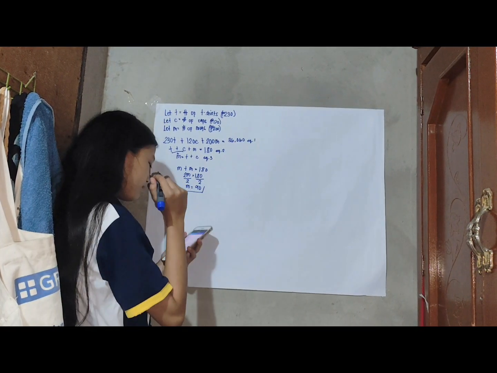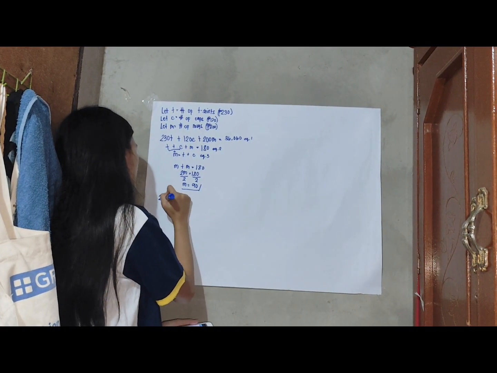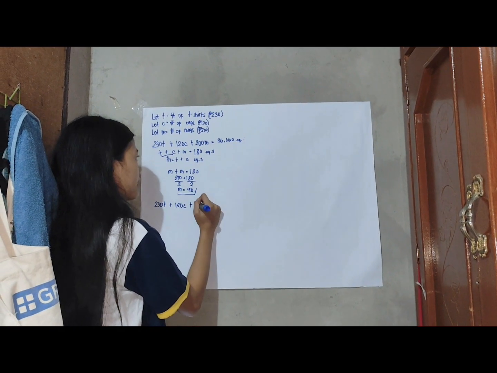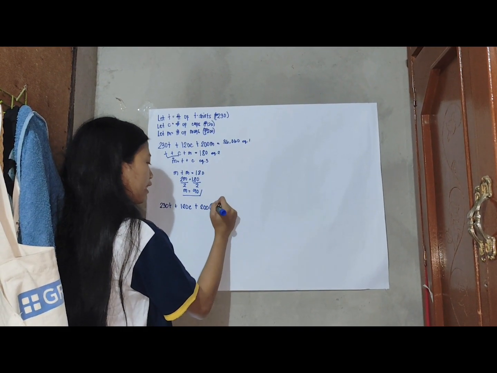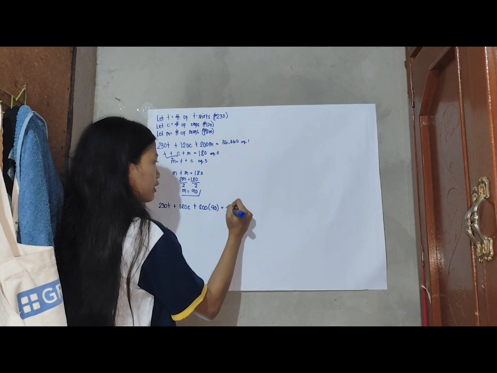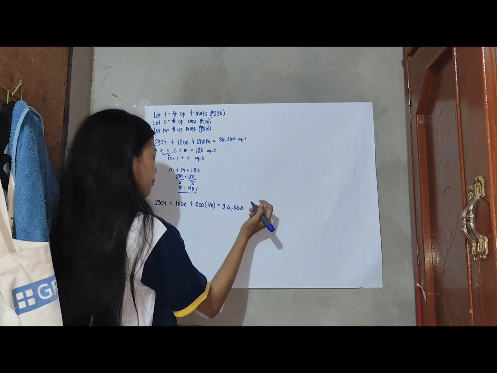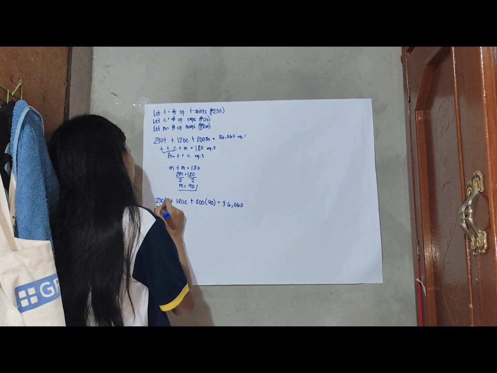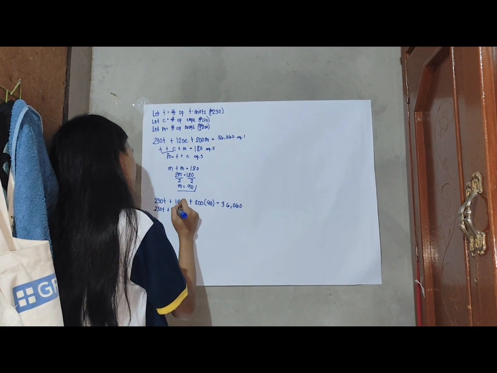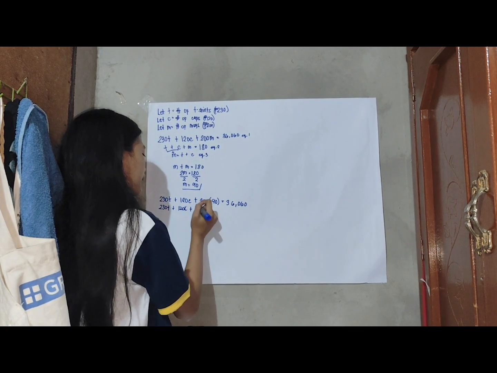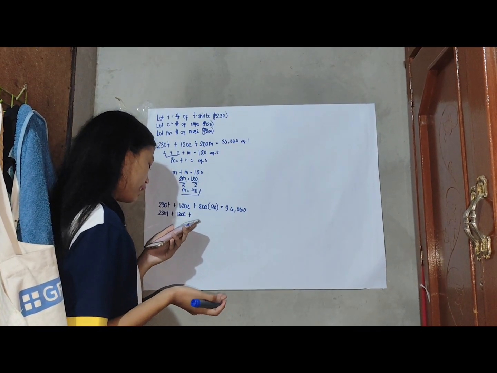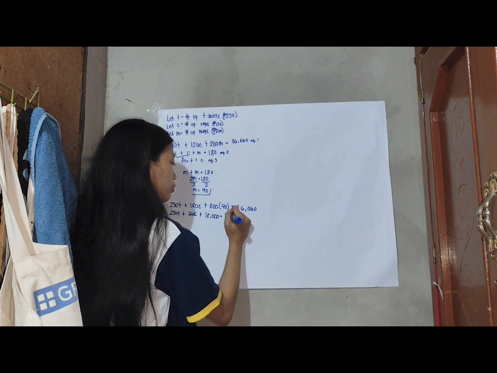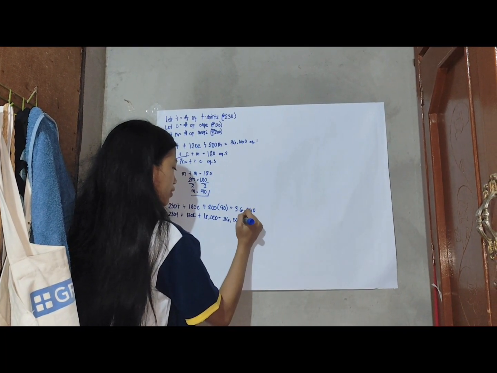So 230t plus 120c plus 200 multiplied by 90 is equal to 36,060. So we just substitute the value of m here. Then 230t plus 120c plus 200 multiplied by 90, which is 18,000, is equal to 36,060.